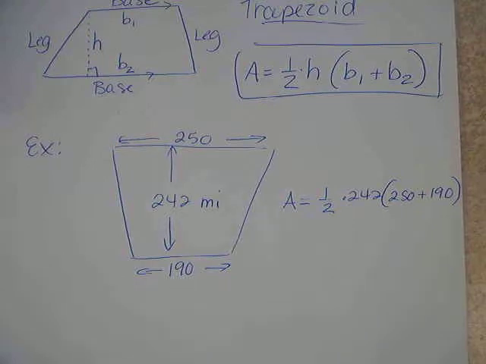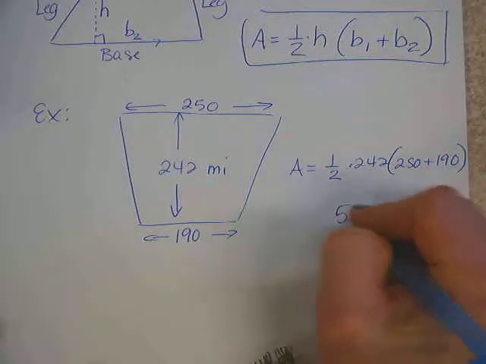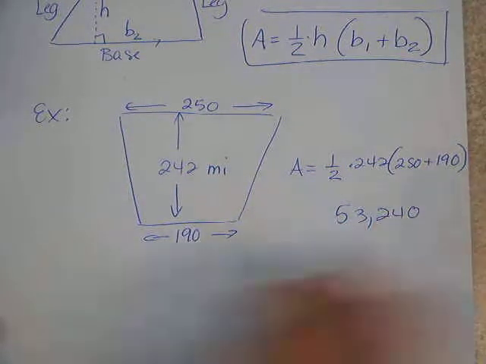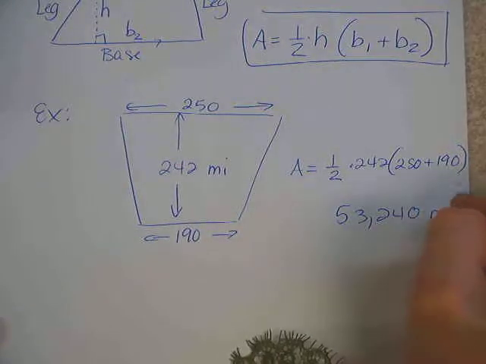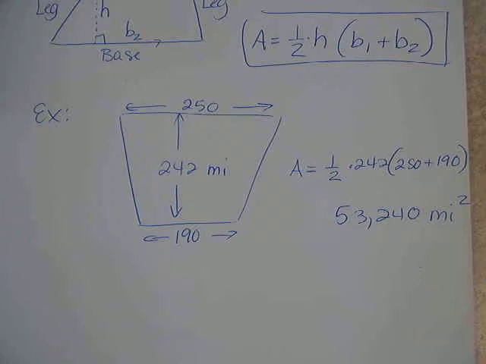You can do half the height, then the sum, then multiply, or the sum times the height and then divide by 2. One way or another, you should end up with 53,240, and since this is area, that would be square miles.